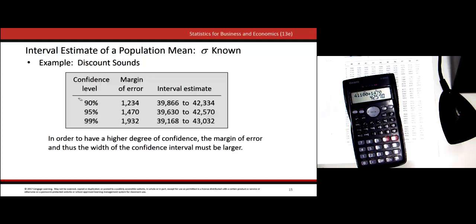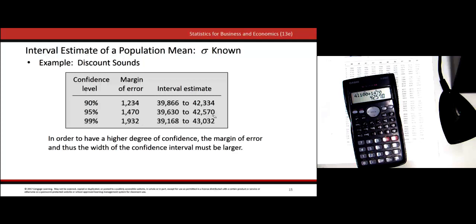But what happens if we increase the confidence level? We gain in reliability but lose accuracy. So a 99% confidence interval has a wider margin of error. Your margin of error increases, then you end up with a wider interval.